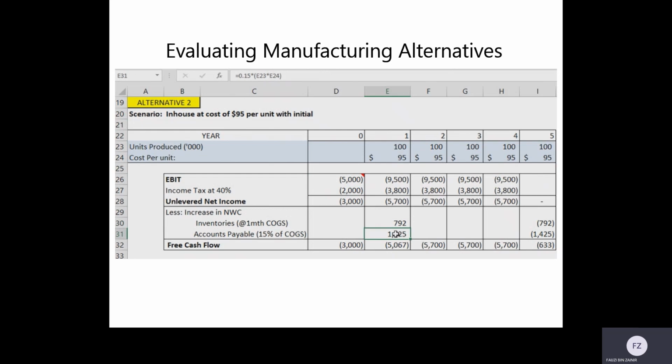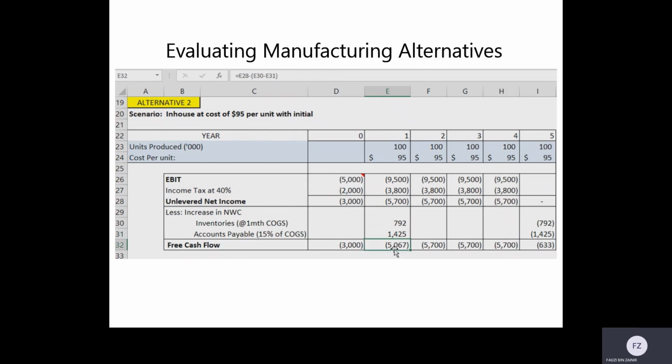And the accounts payable here is 15% times this cost of goods sold, which is units produced and cost per unit. So the increase in net working capital is current asset minus your current liability. If you subtract these two, you have somewhere around minus 633.